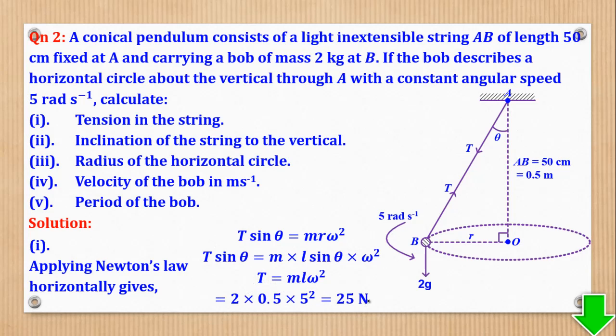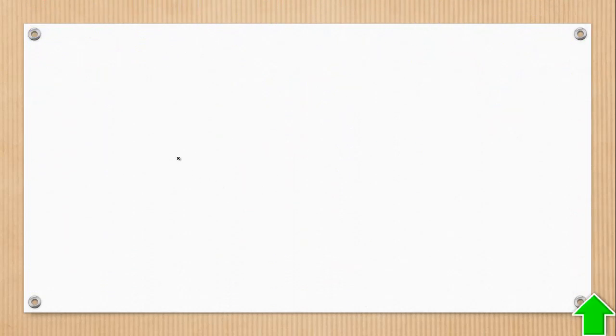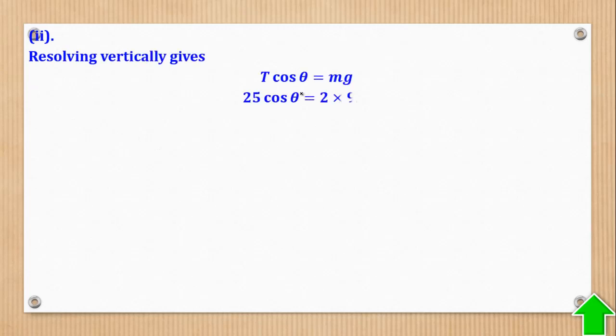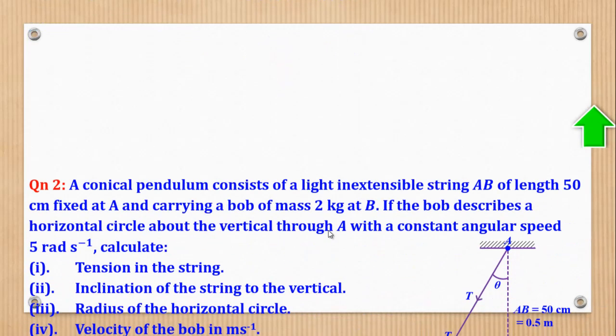That was Roman 1. Roman 2, they want the inclination. So for inclination, we are going to resolve vertically to get T cos theta is equal to mg. Substitute for T, mg to get cos theta, and lastly theta. So that will be the inclination to the vertical.